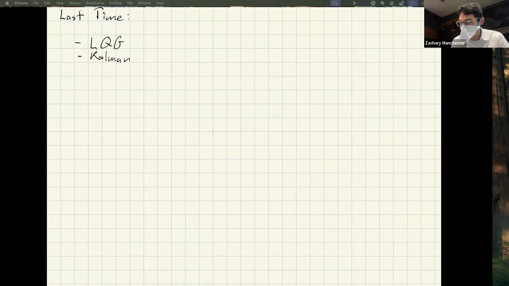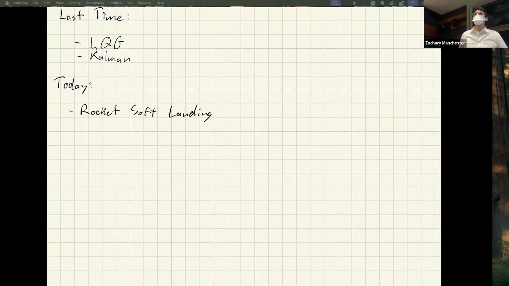Okay, so today we're going to do some fun stuff. We're going to talk about the rocket soft landing problem, which is, A, just awesome, and B, one of the seminal results from modern control of the last decade. I'll tease some stuff right now.